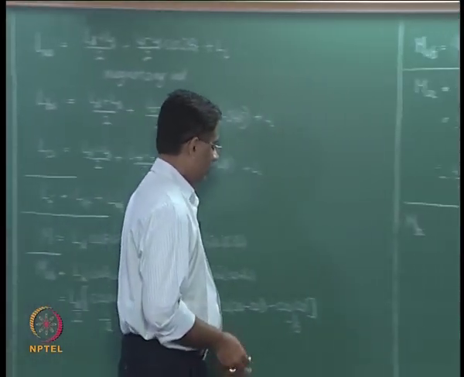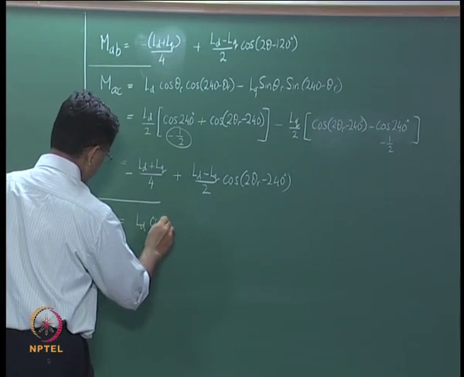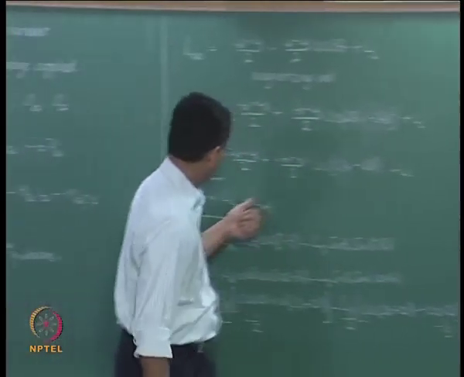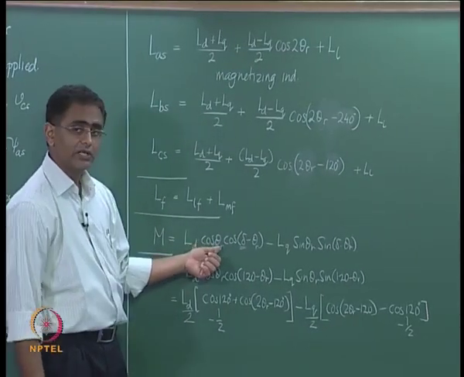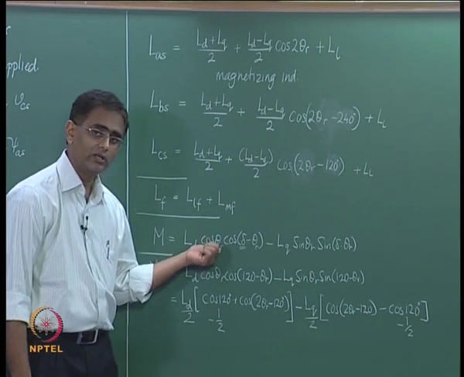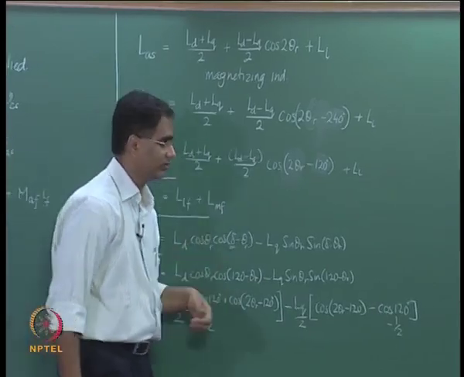Therefore MBC is LD into cos of, instead of theta r here, what you will need is minus of 120 minus theta r, or theta r minus 120.